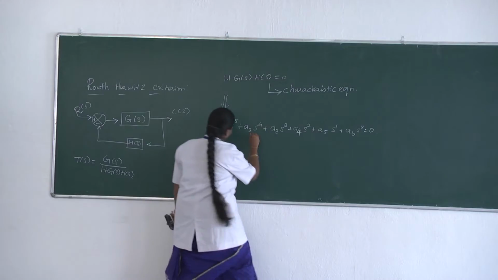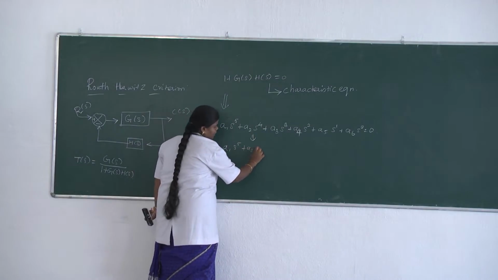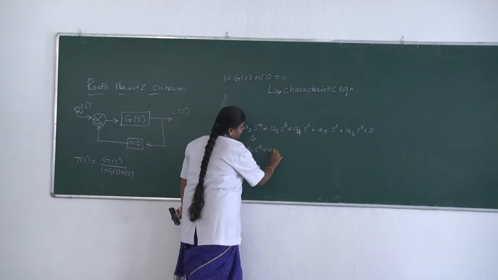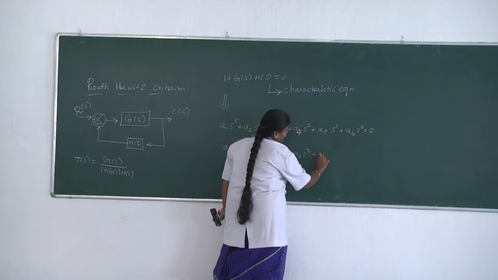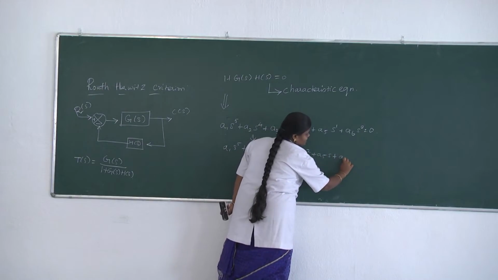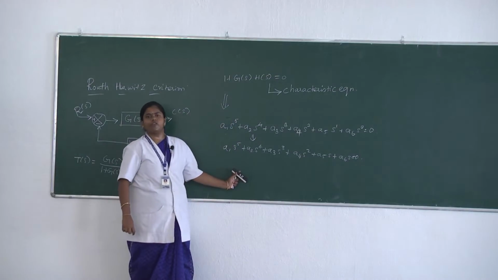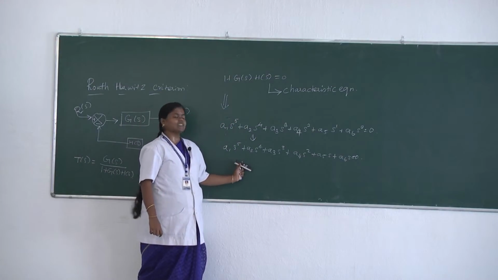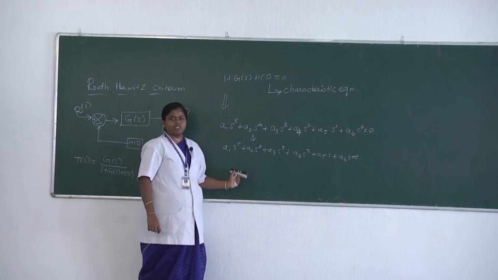That is, this equation is a1 s power 5 plus a2 s power 4 plus a3 s power 3 plus a4 s square plus a5 s plus a6 equal to 0. How are we going to form the Routh array with this equation? That is how we are going to determine the stability from this equation.